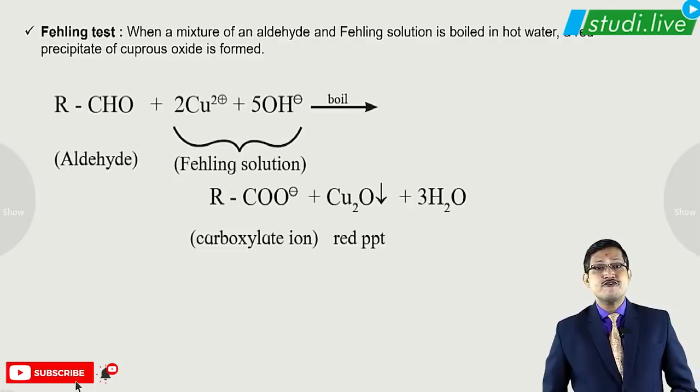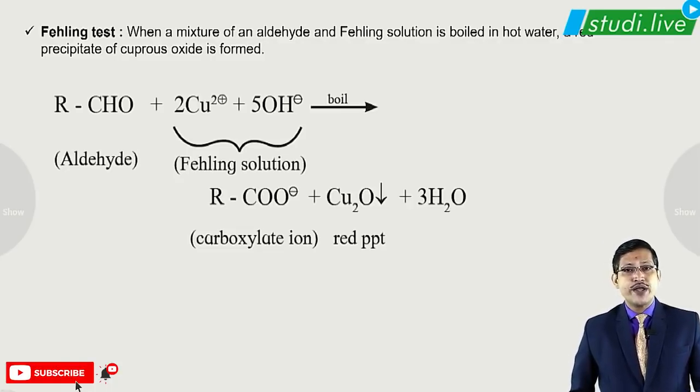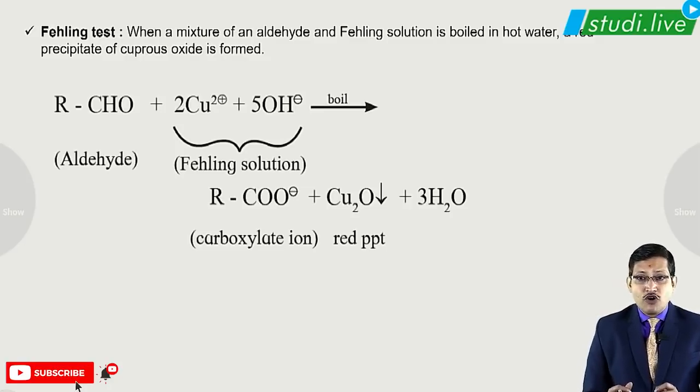The next one is Fehling's solution test. Now in case of Fehling's solution test, when a mixture of an aldehyde and Fehling solution is reacted with boiled water or hot water, a red colored precipitate is formed. That formation of red colored precipitate itself shows that it is containing reducible hydrogen or it is containing aldehydes.